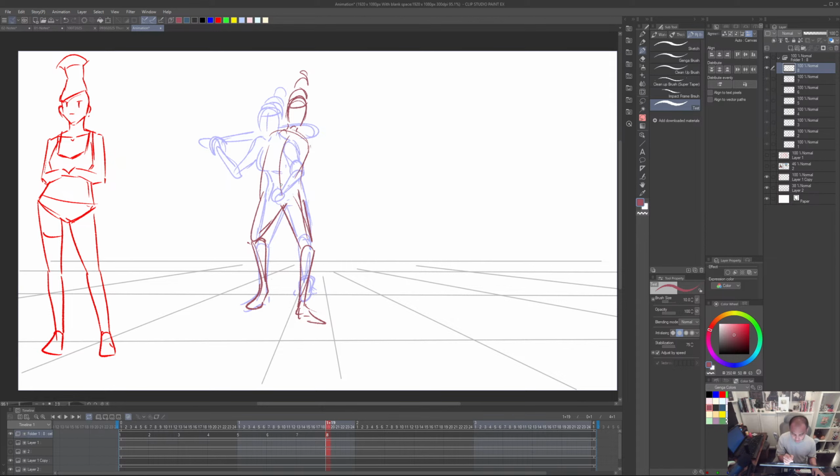So, very strong pose. Again, you see, I started with this egg shape over here, but obviously that's not her design, right?